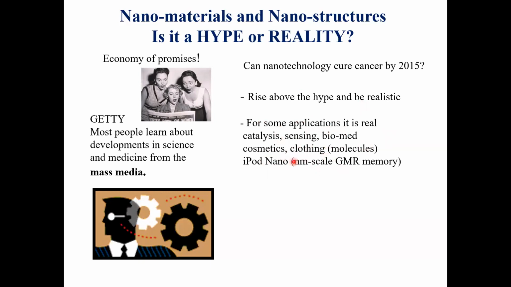And I mentioned only a few: analysis, sensing, biomedical, cosmetics, clothing, where they want to embed molecules to strengthen or induce other interesting chemical or physical properties. iPod Nano, for example, already uses nanometer scale giant magnetoresistance memory cells.